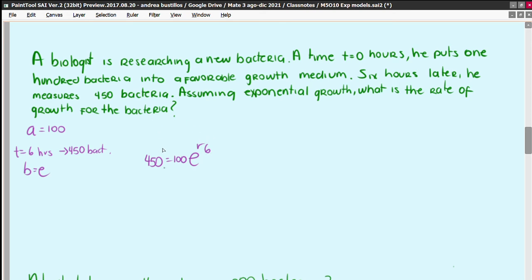So again, this is an exponential equation where I want to find the value of one of the terms in the exponent, so I have to solve this exponential equation. But now you already know that you have to pass everything dividing to the left side to leave the exponential term alone. Then we're going to apply logarithms on both sides of my equations.